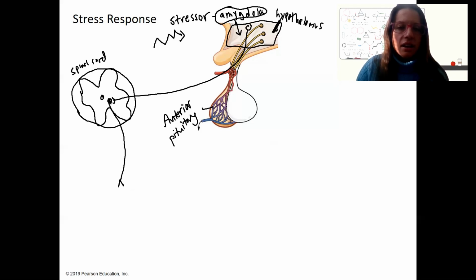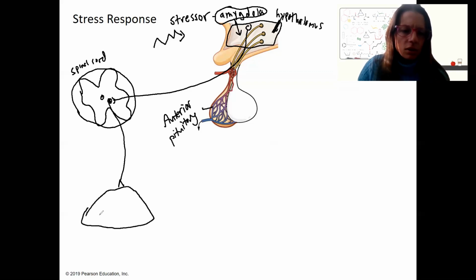Oftentimes there is a second neuron chain. We're not going to go there right now. Right now, we're going to go to the adrenal medulla, the adrenal gland, and specifically, I'm actually going to have this go, so the medulla is the inside part, and this axon is going to go all the way down into the adrenal medulla.